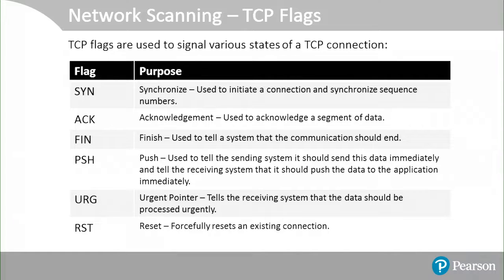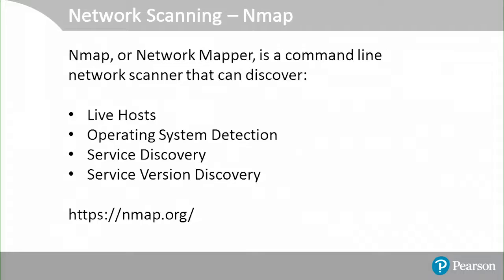This is for a system to tell the other host that it's done. Like, I'm done with you, I'm not going to talk to you anymore. Next up is push. Push tells the sending system to send this data immediately up the stack. Similarly, urgent does the same thing. So FIN is, we've had a nice conversation, I'll see you later, and reset is, get out of my face, I'm done with you. Okay?